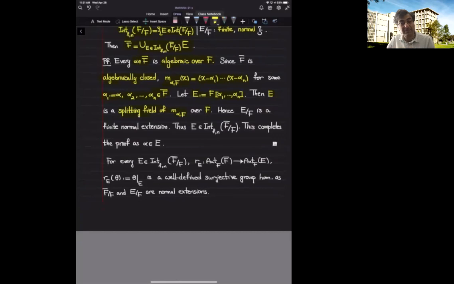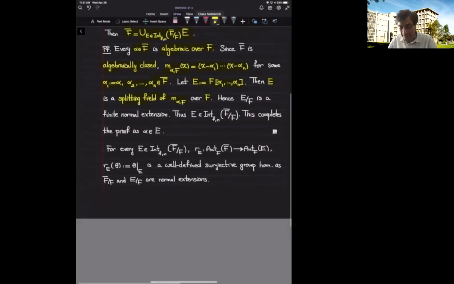As I've mentioned, an extension is a finite normal extension if and only if it's a splitting field of some polynomial over the base field. So that means E over F is a finite normal extension. So E does belong to this set.